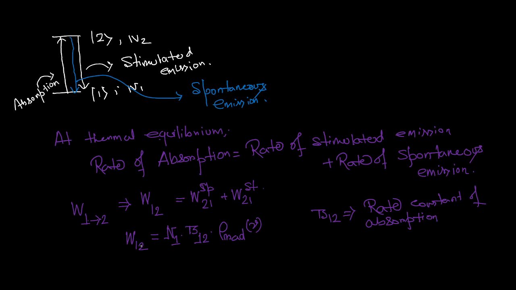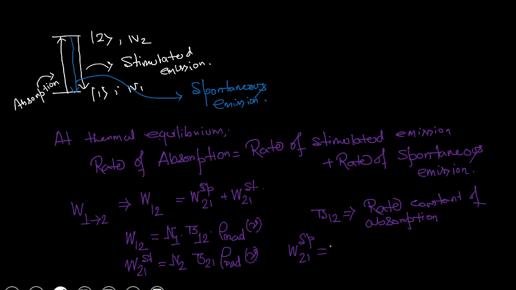Similarly, the rate of stimulated emission from 2 to 1 depends on N2, the number of molecules present in state 2, the rate constant B21, and the radiation density. But spontaneous emission does not depend on the radiation density. If you excite a molecule and it is in the excited state, it will be deactivated at any time, so it only depends on how much population is in the excited state.